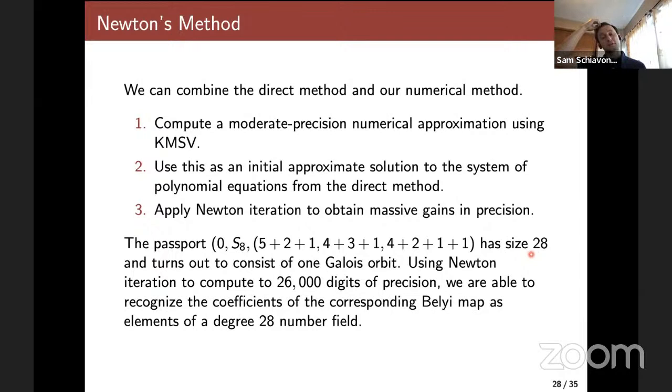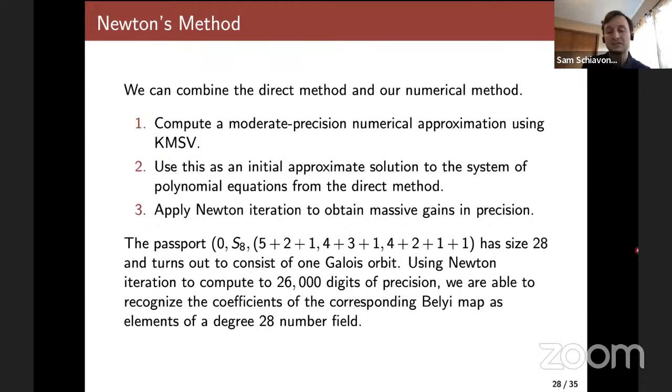So you're going to need a lot of precision in order to recognize these floating point complex numbers as algebraic numbers. So using Newton iteration, we're able to compute to 26,000 digits of precision, and then able to recognize the coefficients of the corresponding Belyi map as elements of a degree 28 number field.